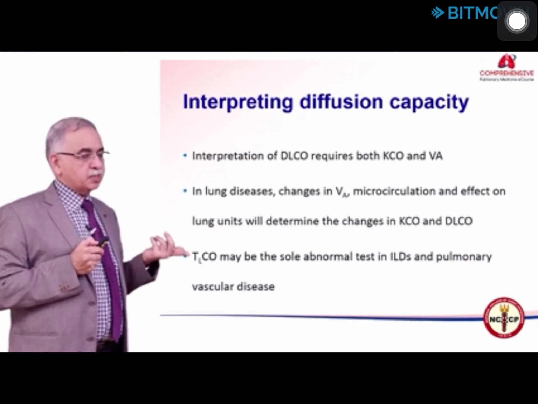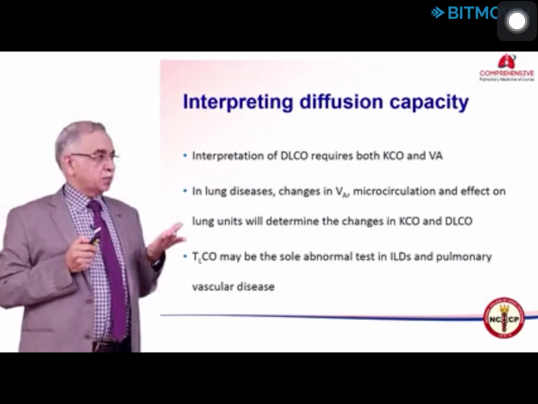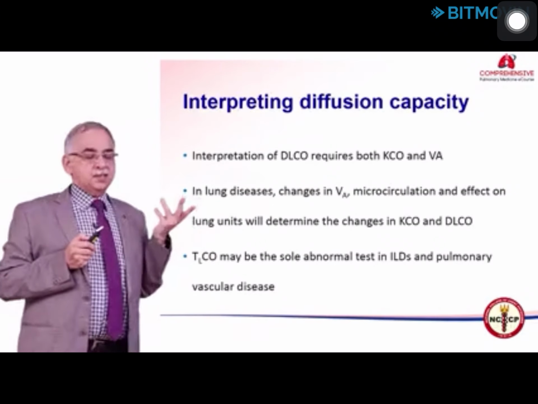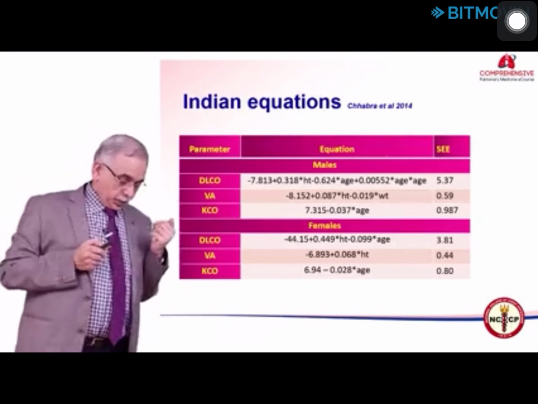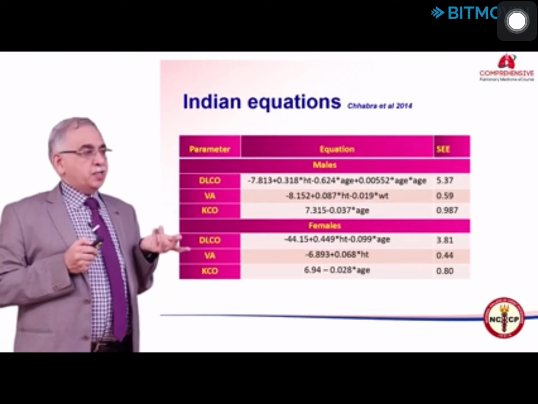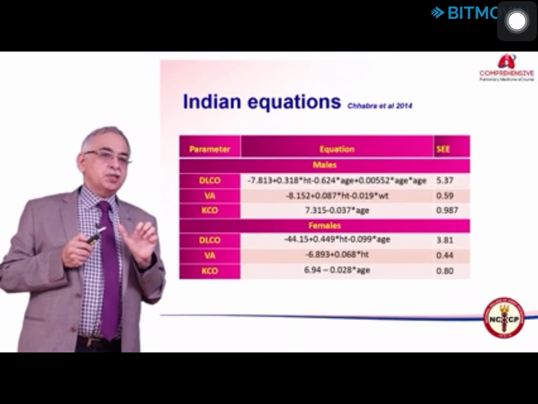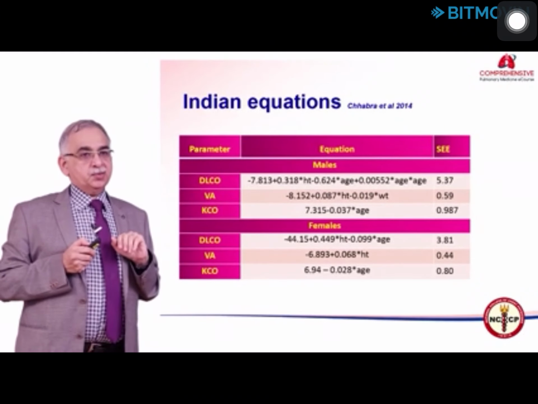We can have a normal spirometry, we can have a normal lung volume in patients with pulmonary vascular diseases or interstitial lung diseases, and the diffusion capacity may be the first test to be altered. Like in spirometry and lung volumes, to say what is normal and what is abnormal requires comparison with predicted values.